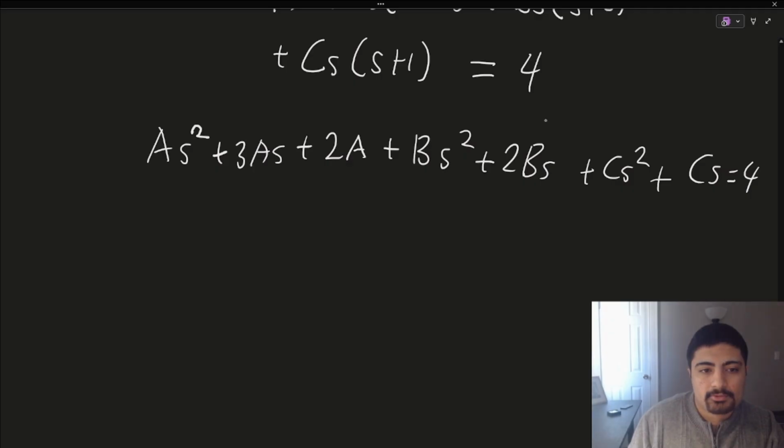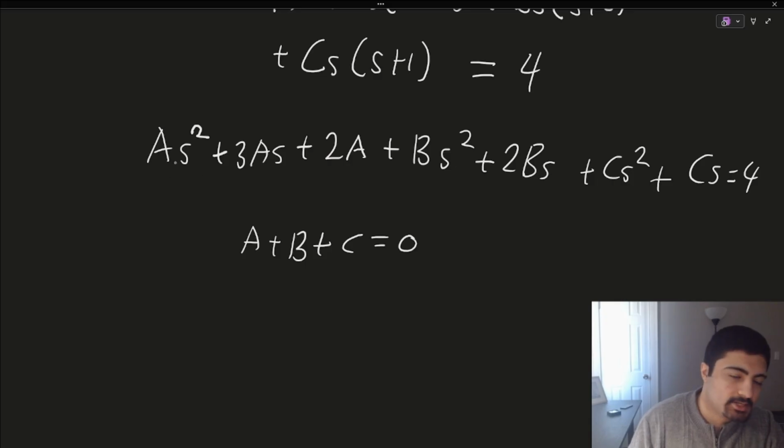Okay? And a plus b plus c must be equal to 0. The reason is because we don't have an s squared term, and we have as squared, bs squared, and cs squared. The like terms are always going to be combined, so we know that a plus b plus c is 0.